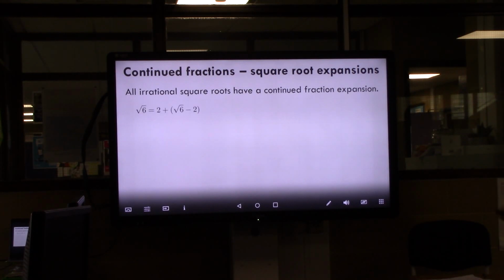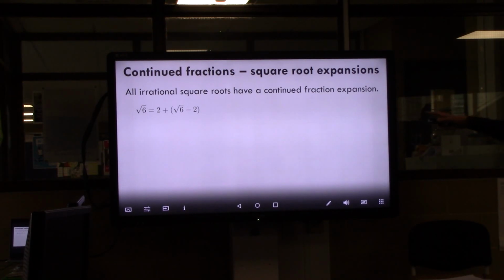So for example, taking the square root of 6, we can write that as 2 plus the square root of 6 minus 2, because 2 is the integer part of root 6. So if you take the decimal expansion of root 6, it's 2 point something.